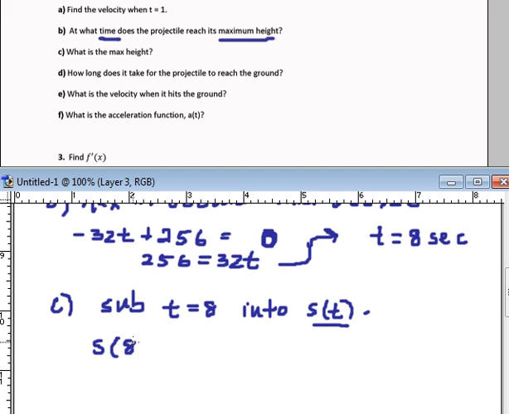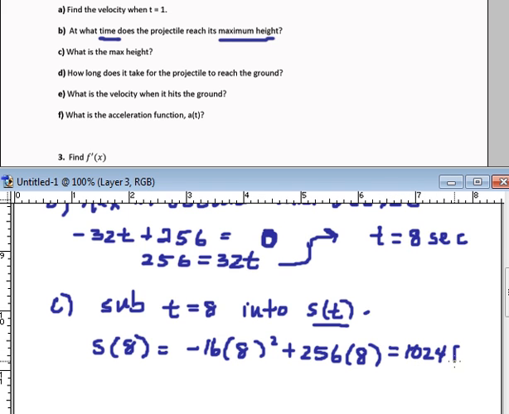So we want to figure out what s of 8 is, because when t equals 8, the maximum height is reached. All right, so we have minus 16 t squared, that's 8 squared, plus 256 times 8. Okay, so that comes out to 1,024 feet. So that's the maximum height.